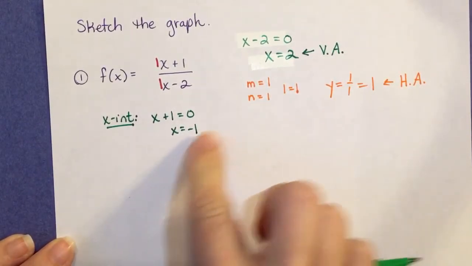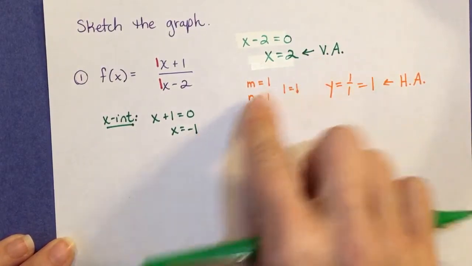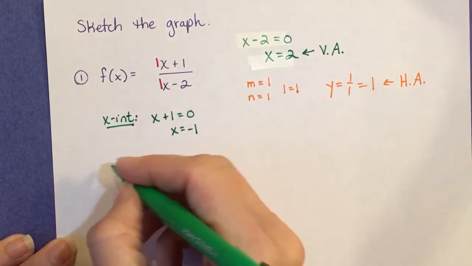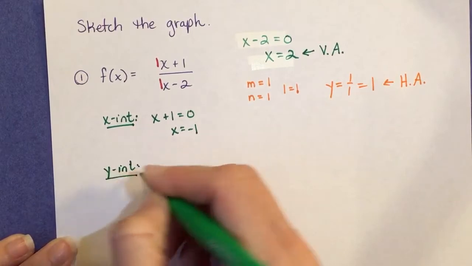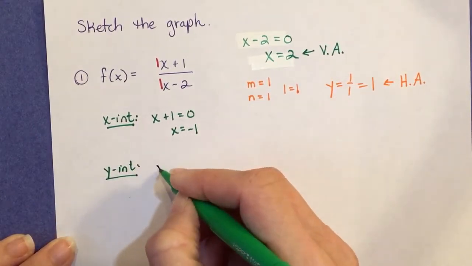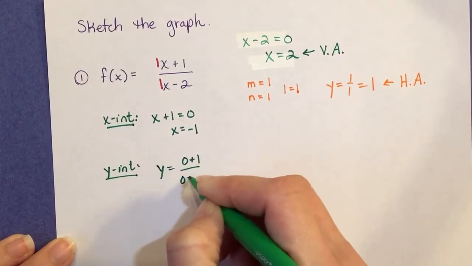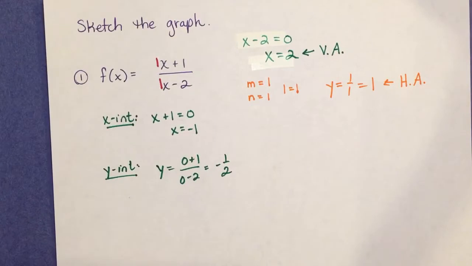Now, as long as that wasn't a hole or a vertical asymptote, then you're good. And it's not, so that means this is a valid x-intercept. You can also find your y-intercept by substituting 0 into the problem. So that would actually end up giving us -1/2.